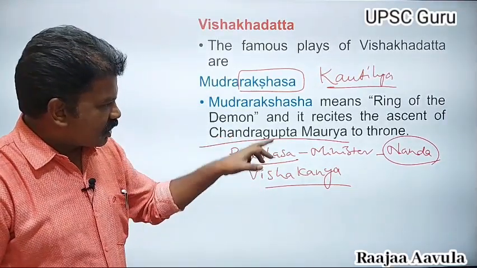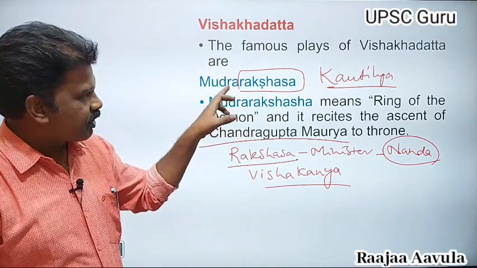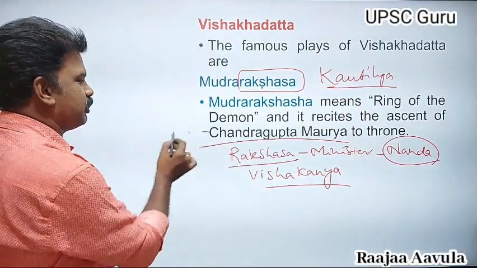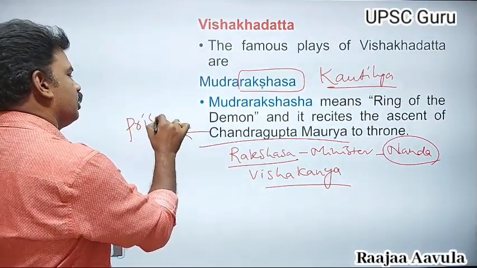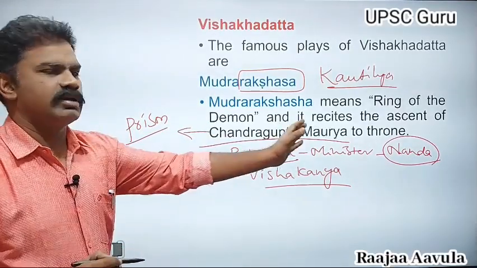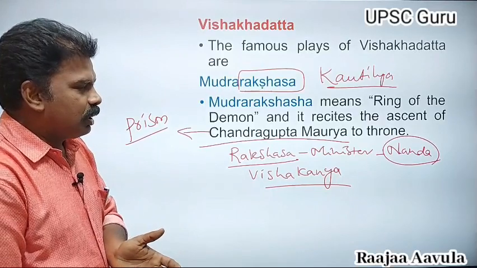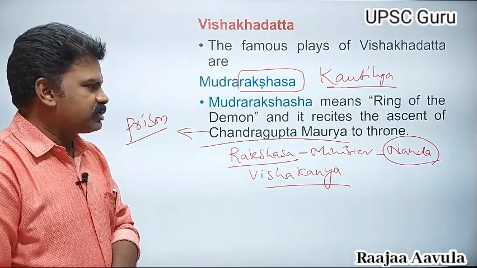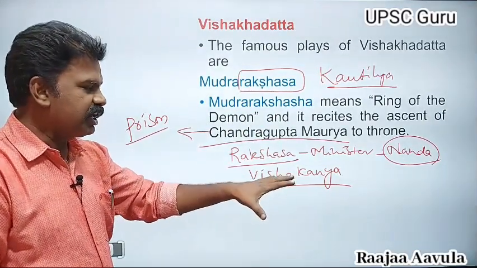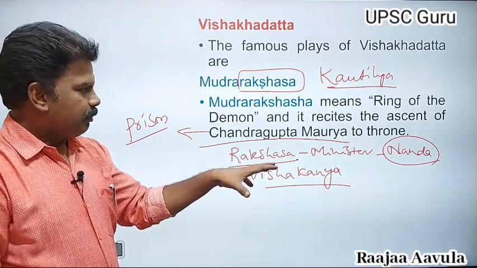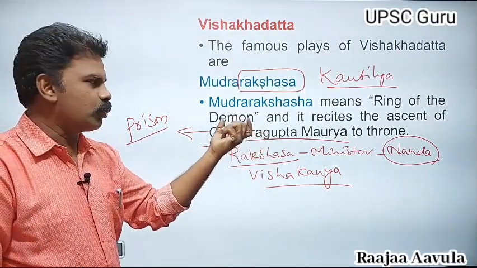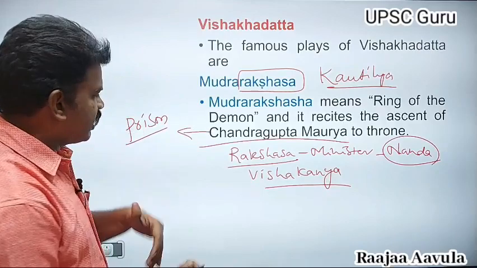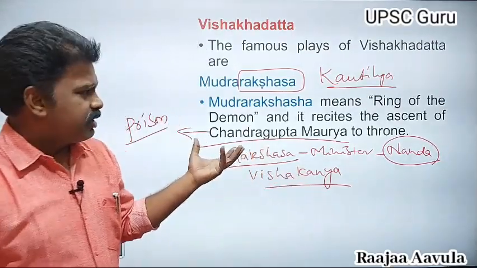To protect Chandragupta Maurya from the hands of Rakshasa, Kautilya used to give a small dose of poison in Chandragupta Maurya's food, so that even if a Vishakanya went to Chandragupta Maurya, he would not be affected by her. This we already discussed during the Chandragupta Maurya period.